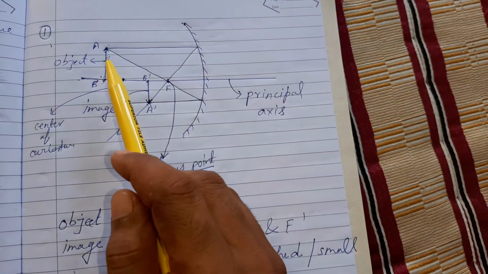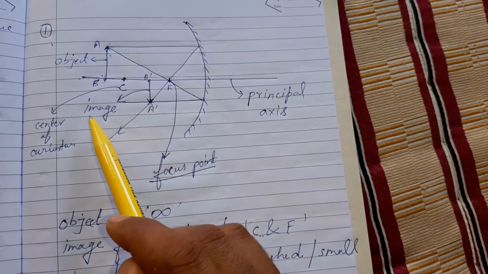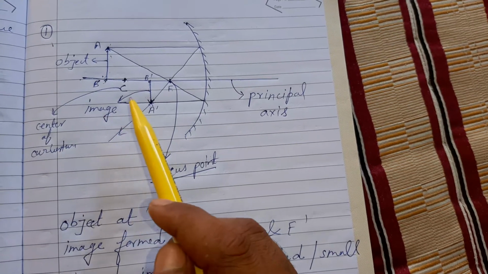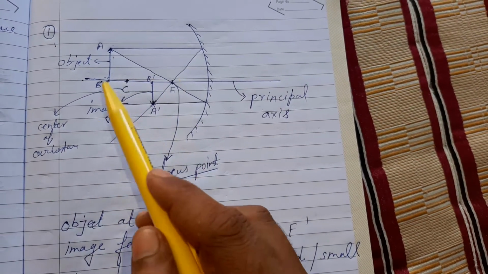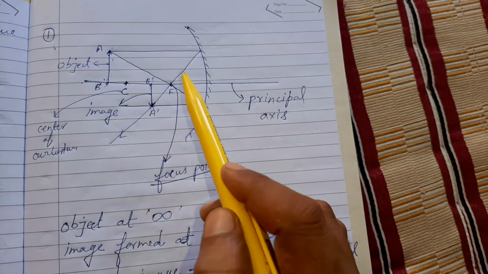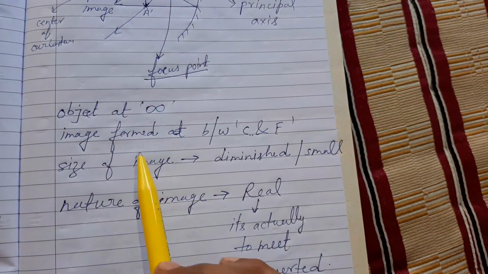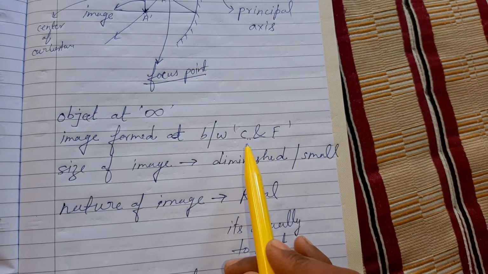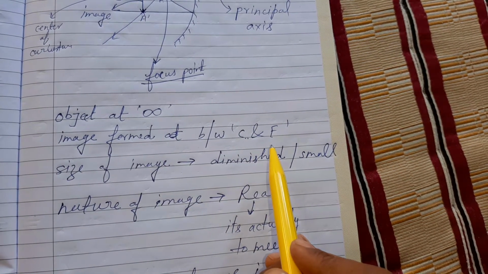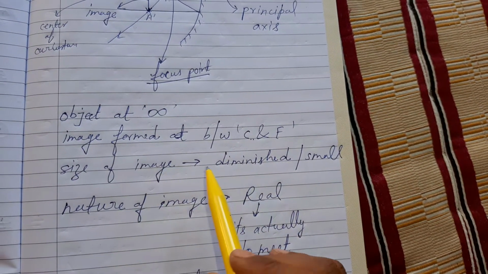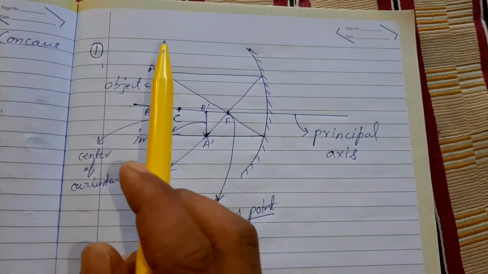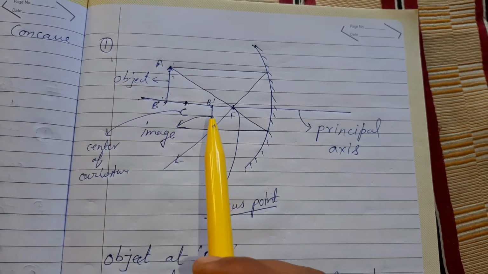This is the object and this is the image. When the object is at infinity, the image is formed between C and F. C stands for center of curvature, F stands for focus. The size of the image is diminished or small, where the object is large and the image is small.